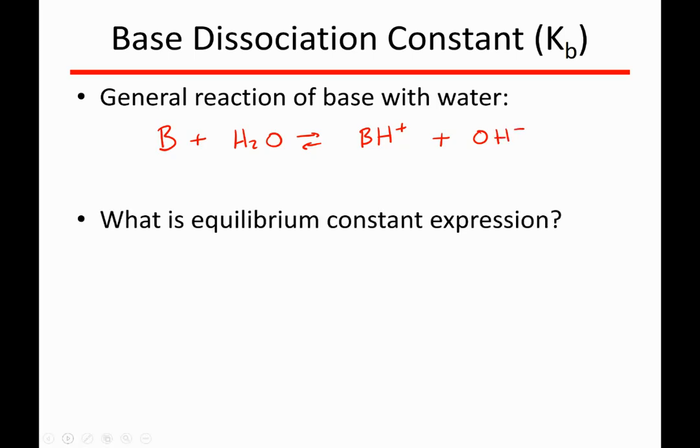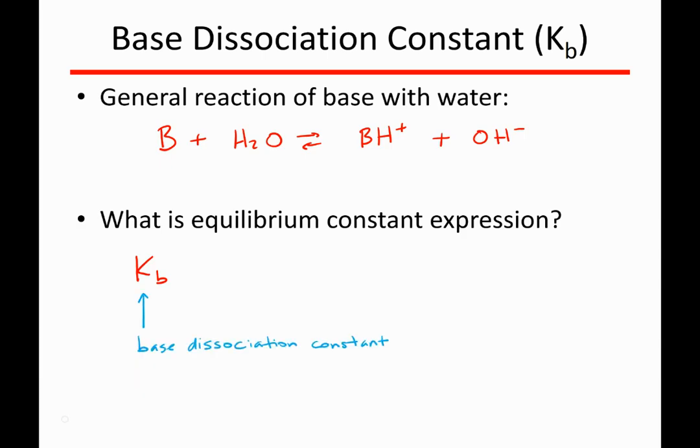Furthermore, we could consider what the equilibrium constant expression would be for this general reaction of a base with water. And when we would write this equilibrium constant expression, we're going to call the equilibrium constant for this reaction Kb, and that stands for the base dissociation constant.